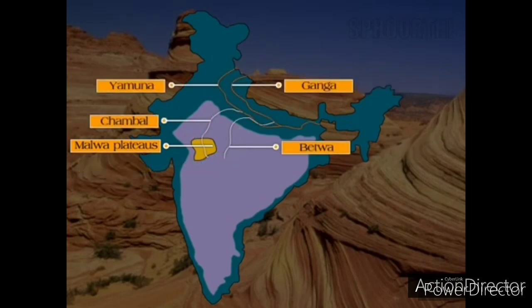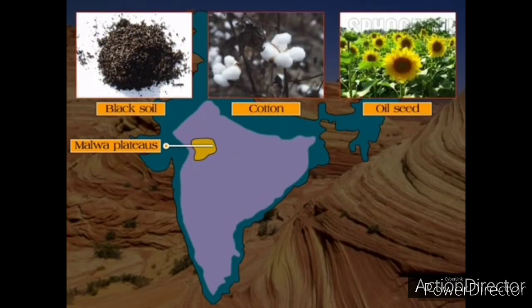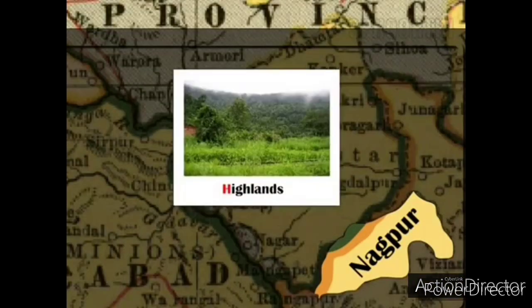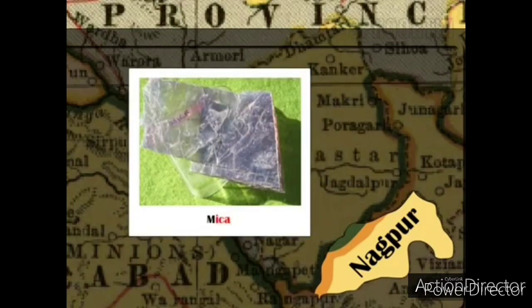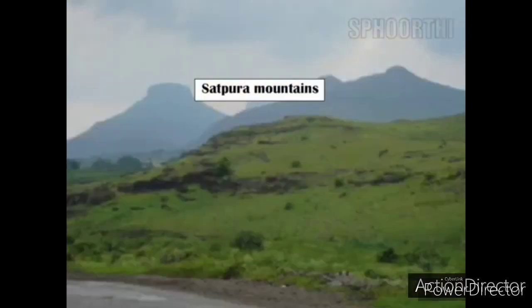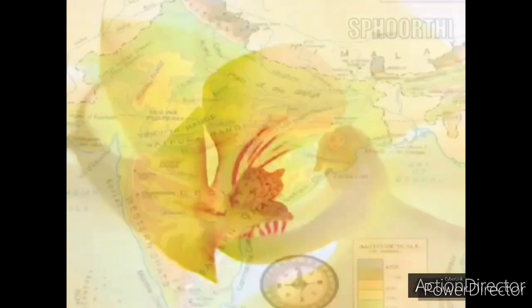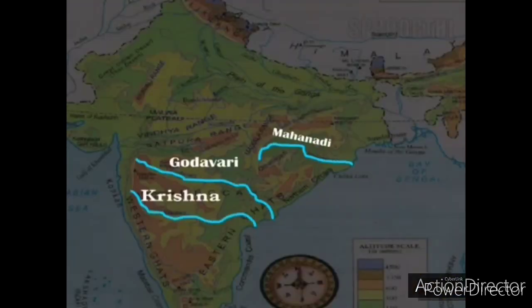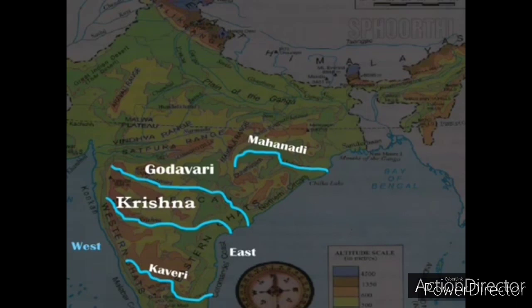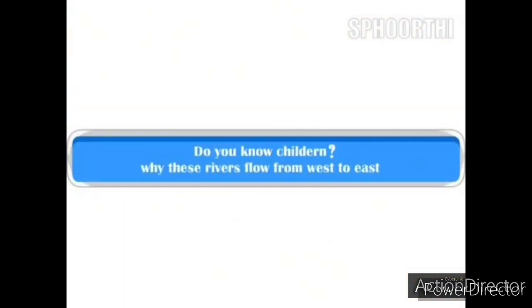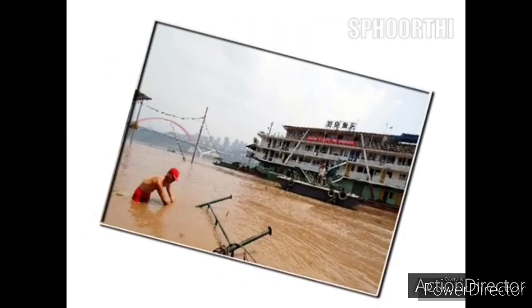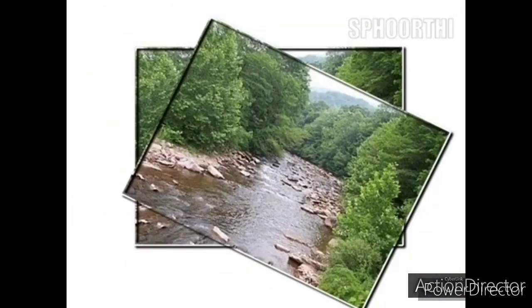Chennai, Bangalore, Hyderabad, and Pune are some cities located on the Deccan Plateau. Various rivers like Mahanadi, Godavari, Krishna, and Kaveri flow through the Deccan Plateau, which we have discussed in an earlier part of the chapter.